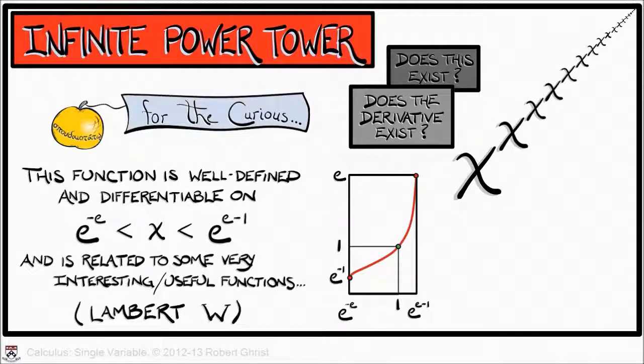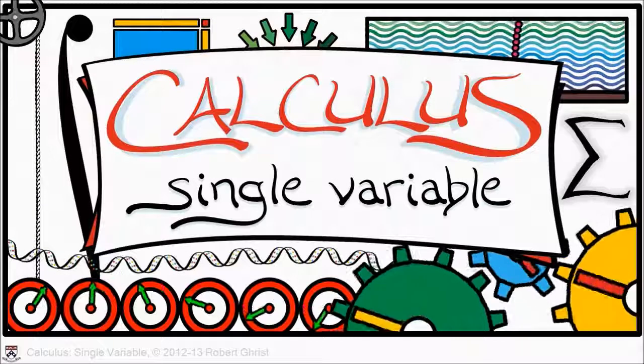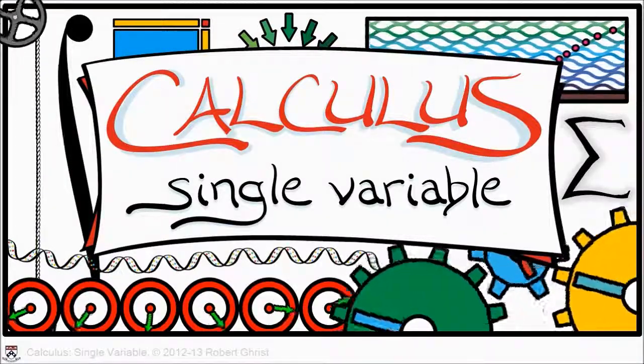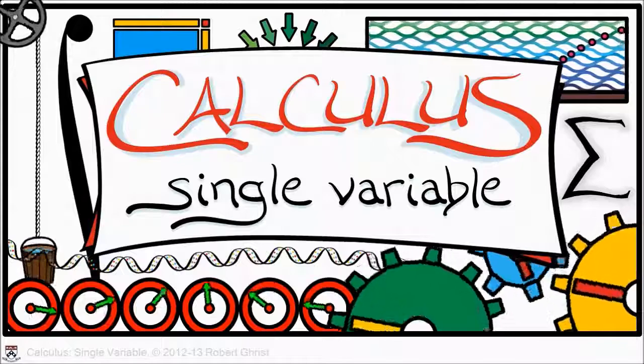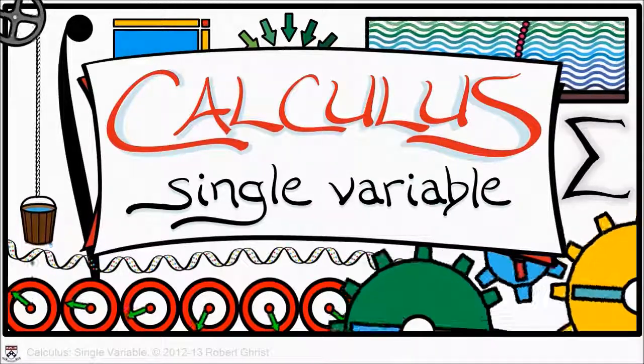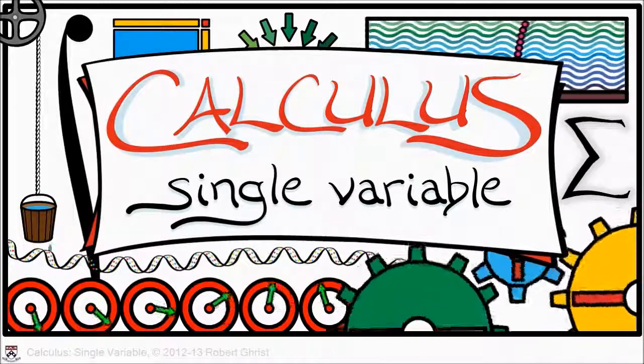The Lambert W function is perhaps the most useful function associated to this infinite power tower. It comes up in certain models of biology and population dynamics. We won't be seeing any of those details or really anything more from this function during the rest of this course, but I want you to be introduced to the infinite power tower.